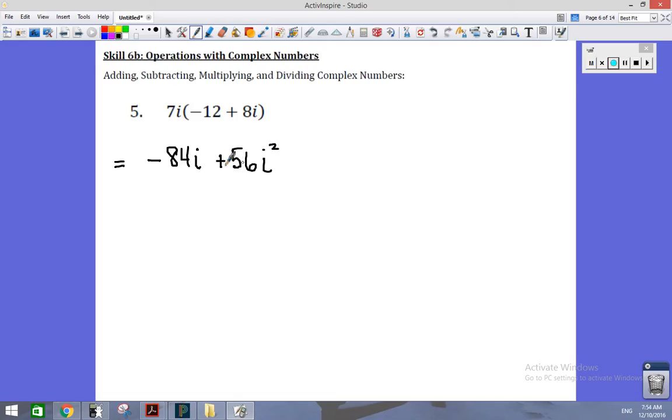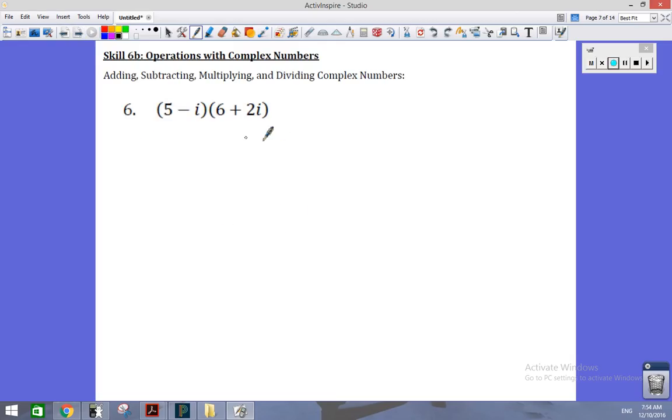You have to simplify that. This is not acceptable if it says that it wants the answer in standard form. You'll always replace i squared with negative 1. So that'll make that a negative 56, and we do put that in the first term. But like I say, I don't expect you to write negative 56 plus negative 84i. It's fine if you do, and technically that is a more correct answer, but this is fine.